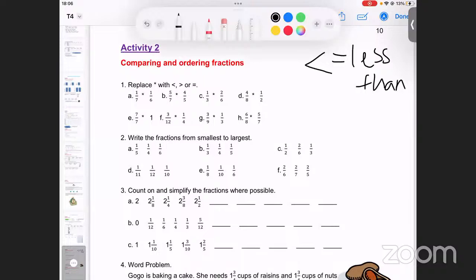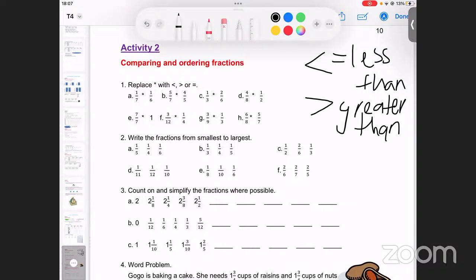And then when you see a sign like this, it is greater than. Have you ever seen the signs before? Yes. Okay, do you know how to use them? Yes. Okay, cool.